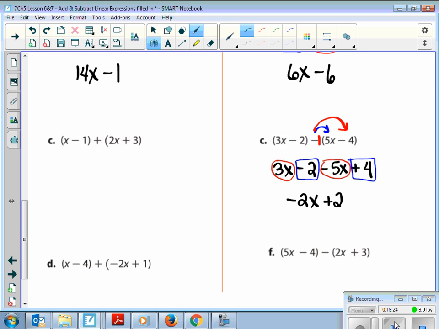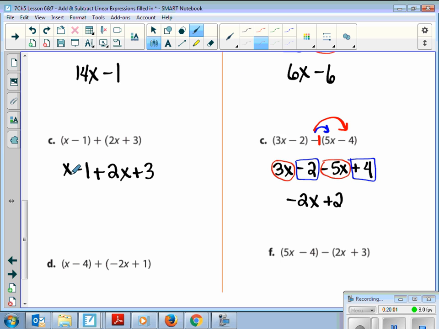All right. Is everybody good? All right, so let's do this one over here together, since some of you did this one. So here we have the quantity x minus 1, plus the quantity 2x plus 3. Now on this example, all the numbers in front of the parentheses are positive 1s. So that means you can just take the parentheses away, right? So here we're going to have an x minus 1 plus 2x plus 3.